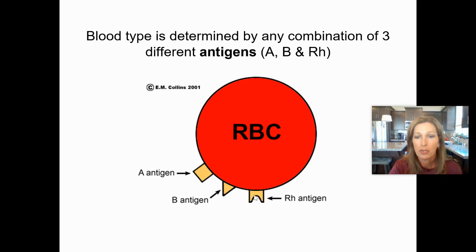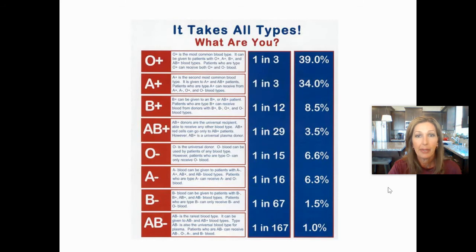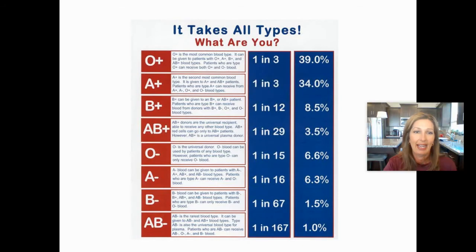There are actually two sets of genes that determine our blood type. There's the ABO blood group that determines whether you're A, B, O, or AB, and there's the Rh gene that determines whether or not you have the Rh antigen as well.